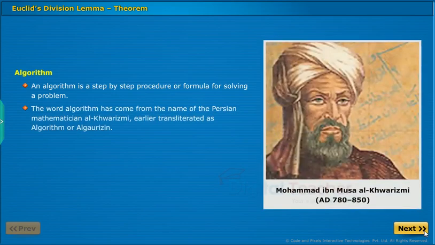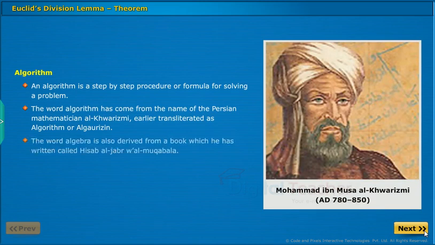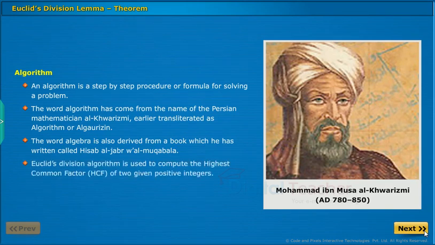The word algorithm has come from the name of the Persian mathematician Al-Khwarizmi, earlier transliterated as Algorithmi. The word algebra is also derived from a book which he wrote called Hisab al-Jabr wal-Muqabala. Euclid's division algorithm is used to compute the highest common factor, HCF, of two given positive integers.